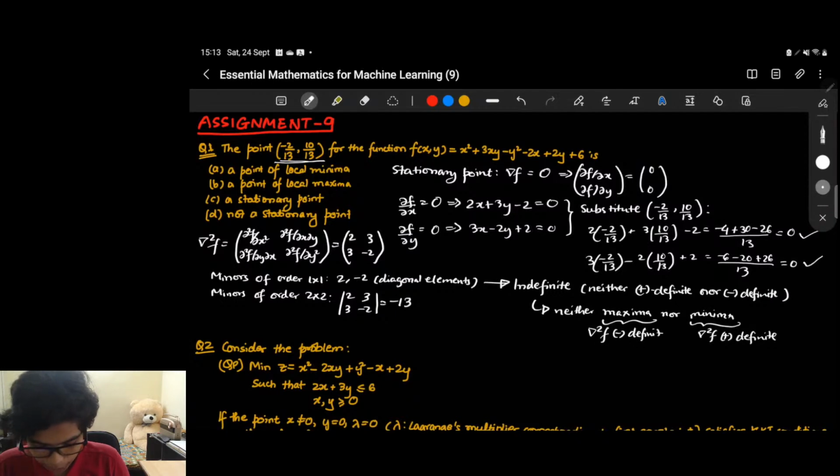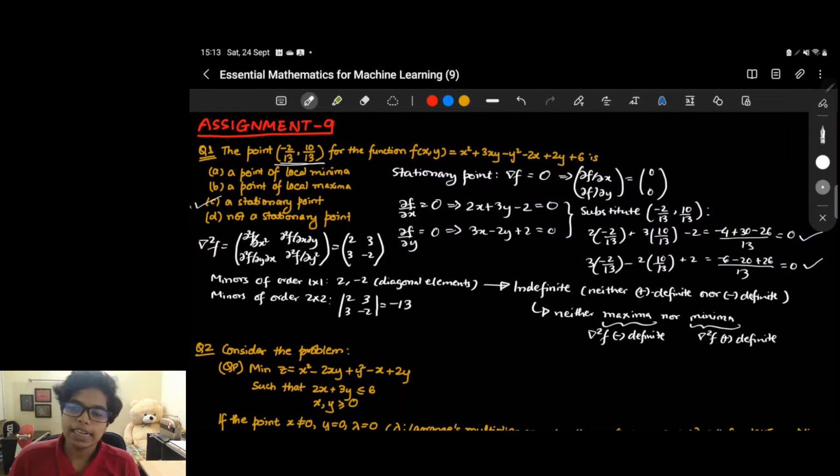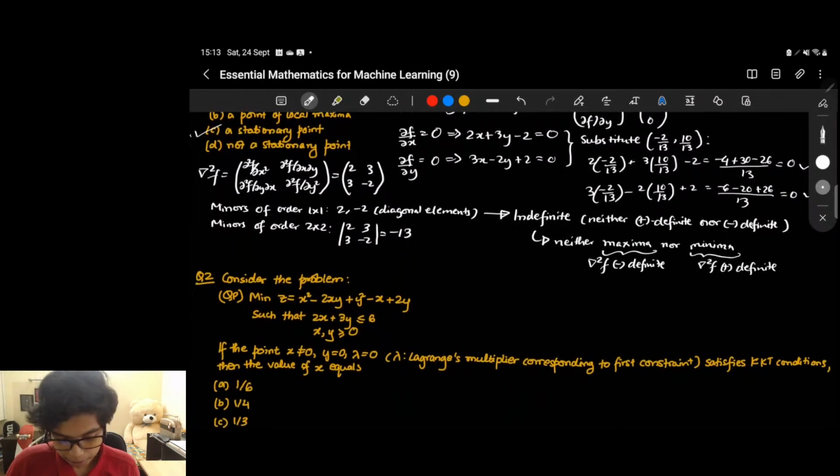And if del squared f is indefinite, then it is neither maxima nor minima. So as a result, option C is the correct answer: the point is a stationary point. It is stationary because del f is 0, but it is neither maxima nor minima because del squared f is an indefinite matrix.